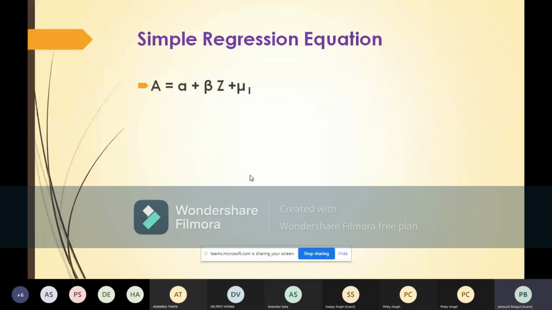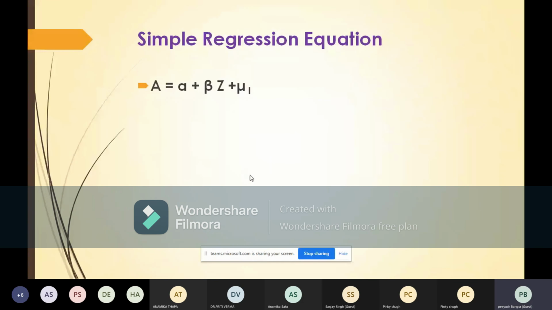For example, if I want to check the impact of import on GDP, then GDP will be my dependent variable, because I want to see the impact of import on the GDP. Alpha is your intercept, beta is your slope of the regression, and Z is your independent variable, and the last one is the error term.